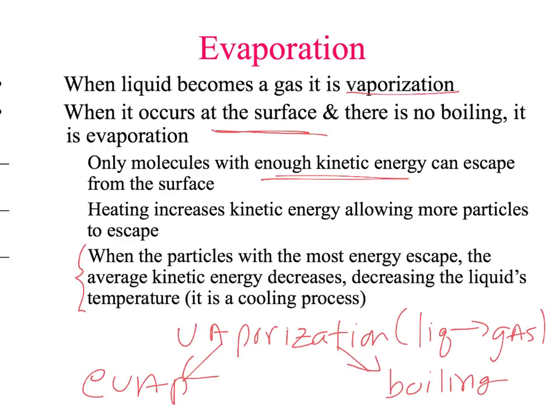So if you take the particles with the highest kinetic energy and you take them out of the equation because they've left the surface of the liquid, then the average speed of the rest of them is going to be lower, which is why we say that evaporation is a cooling process.